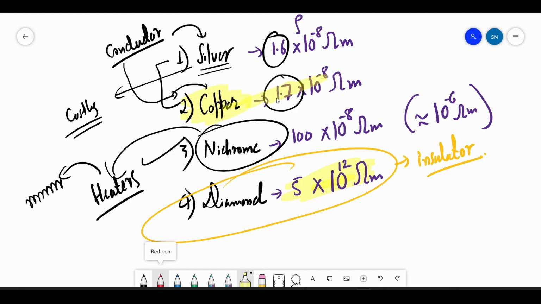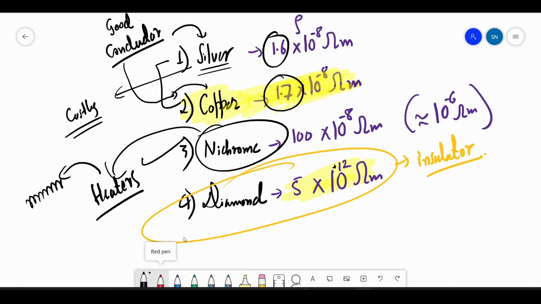Sir, I got confused because you said diamond is a good insulator, so I thought silver might be the good conductor. Silver is a very good conductor, followed by copper, followed by nichrome. And diamond is not a conductor at all. It's an insulator because of its huge value of resistivity. It's 10 raised power plus 12, if you can notice, right? Yes, sir. Okay, great.